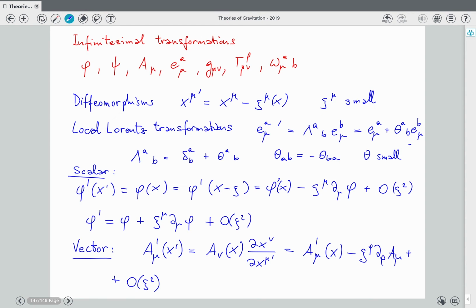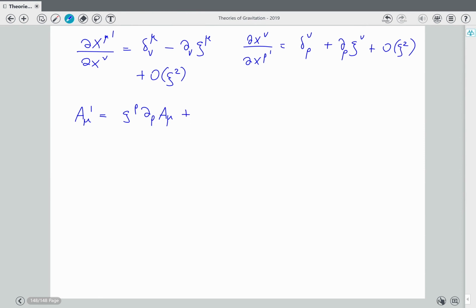And then you have the Jacobian here, so delta gives 1. And the other one gives plus partial, so 1 partial.